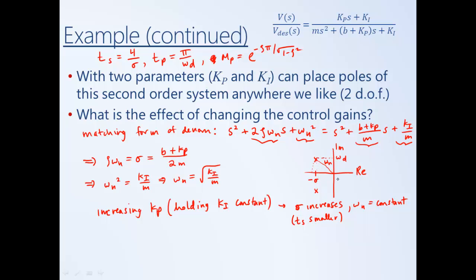It's going to keep the same radius, but sigma is going to get larger and larger. As we do that, we can see that omega d decreases. And if omega d gets smaller, that means Tp is going to get larger.